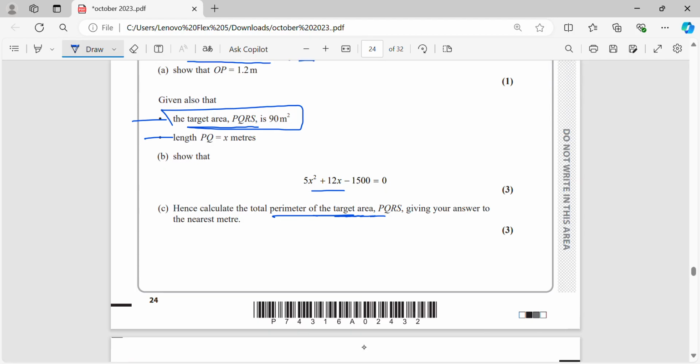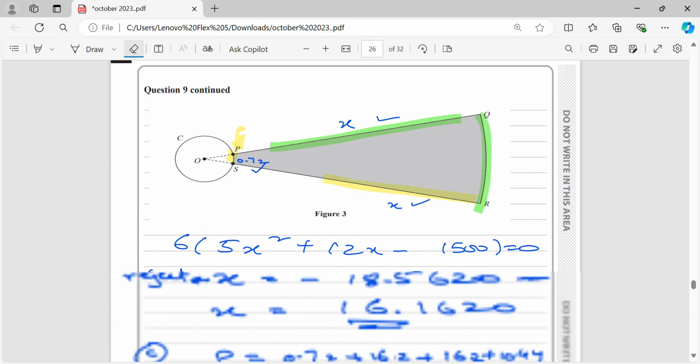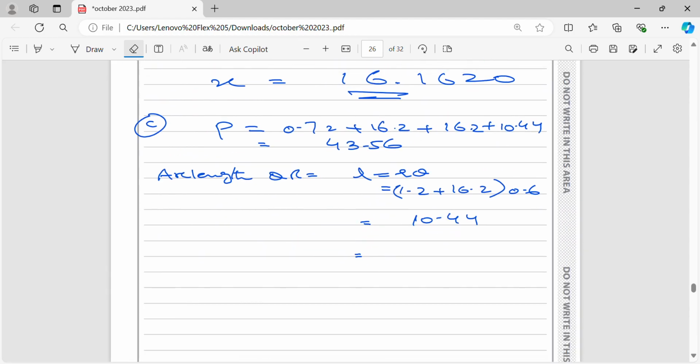It says give your answer to the nearest meter. So let's round up. 43.56 is the perimeter, and let's round up to 44.